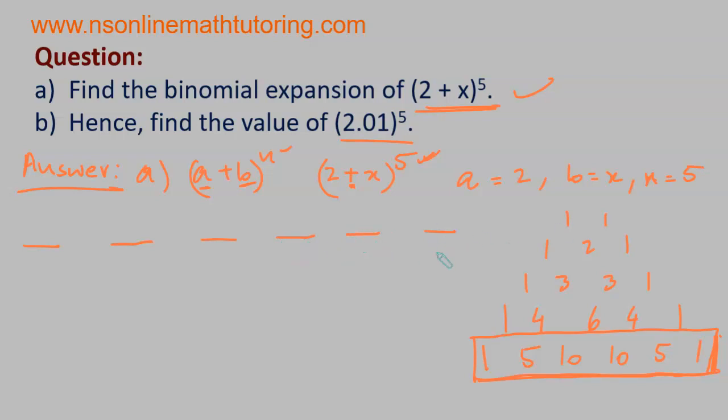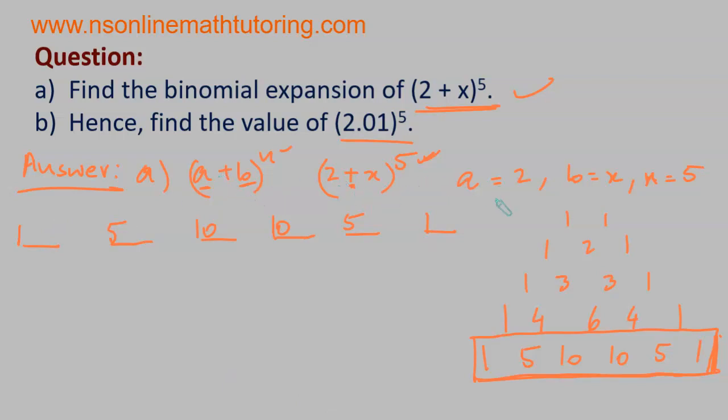Next, we know the coefficients: 1, 5, 10, 10, 5, 1. And of course, the in-between signs will be plus. Let me first write the terms and then put the plus signs because I don't know how much space I'll require.